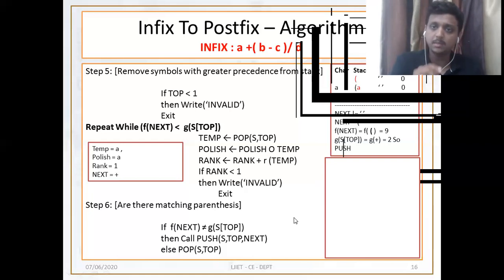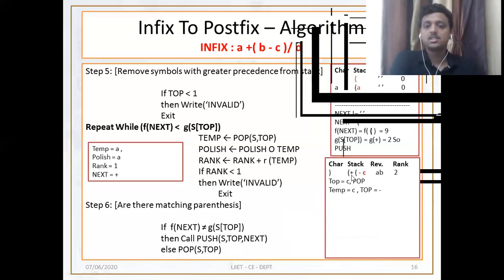Both have the same precedence, that means 0, 0 over there. If both have the same precedence, then you just need to pop from the stack and move ahead. If both do not have the same precedence, then call push. Such types of conditions will be worked out over here.